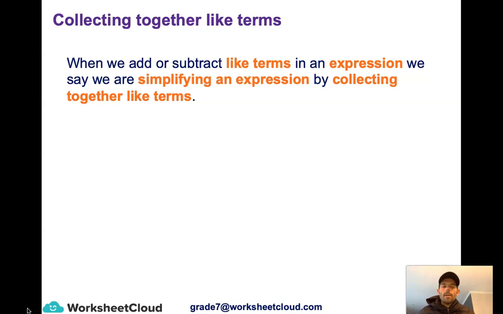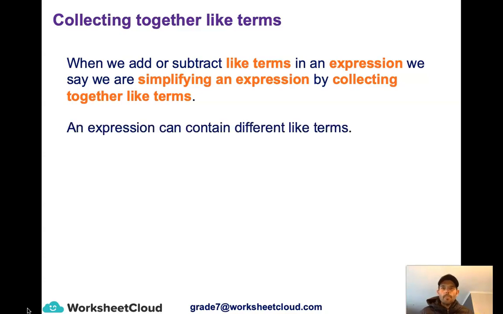Okay, when we add or subtract like terms in an expression, we say we are simplifying an expression. Okay, so we simplify the expression, we make it shorter, more concise, and we do that by collecting like terms. So an expression can have different like terms. So for example, we have 3a plus 2b plus 4a plus 6b.